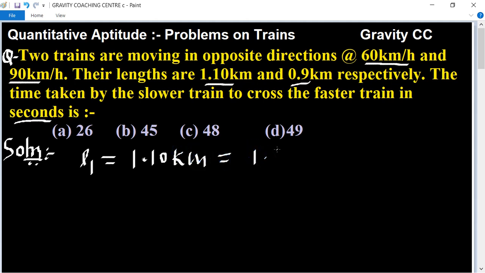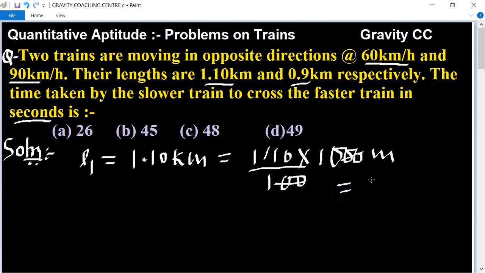So 1.10 into 1000 meters. Cancel the point, so 10 and 0 cancel, so 1100 meters.